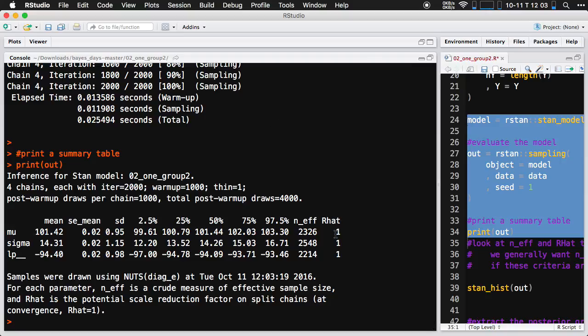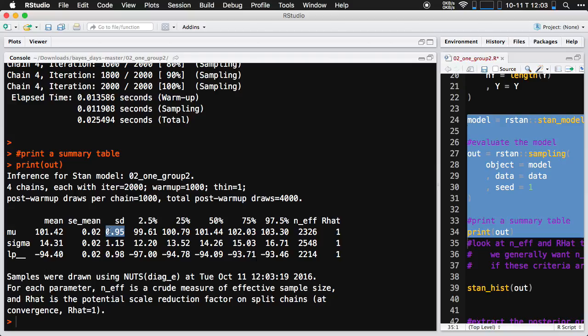So double check again: R-hat is all 1, and effective sample size is all above 1,000 or 2,000. But if we look at our values here, our mean has shifted away from 110, but only a little bit. It's about as wide; it's only reduced its width by a little bit.